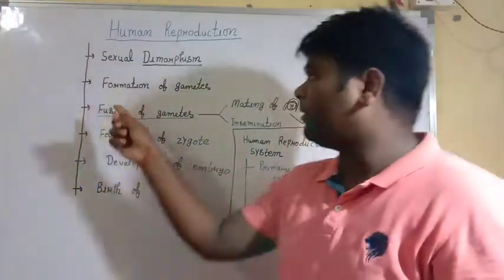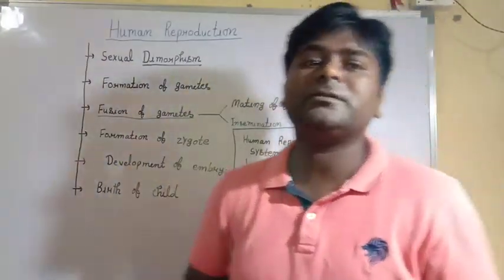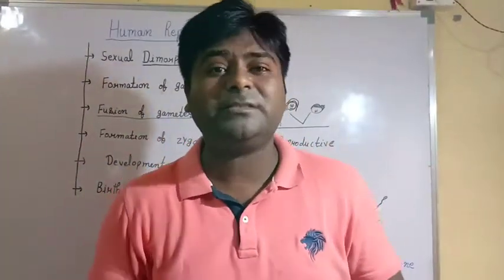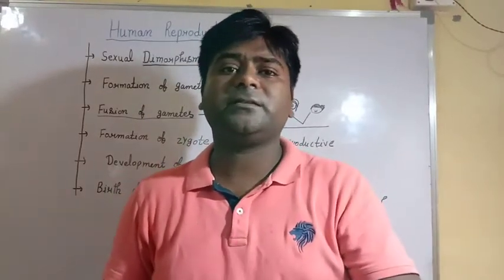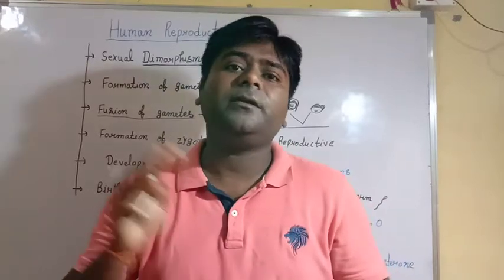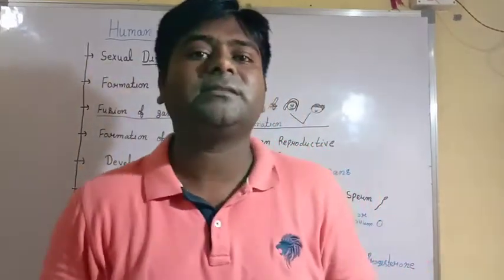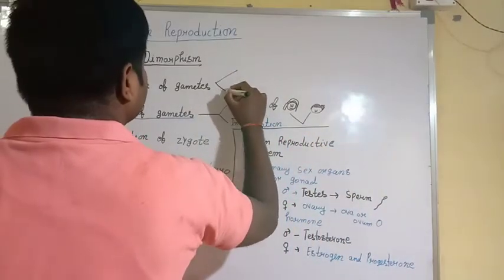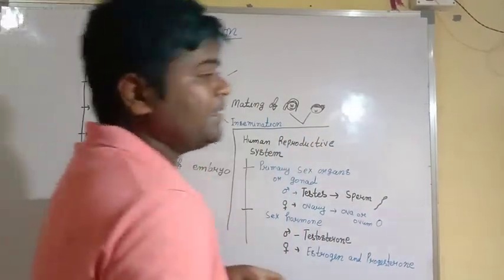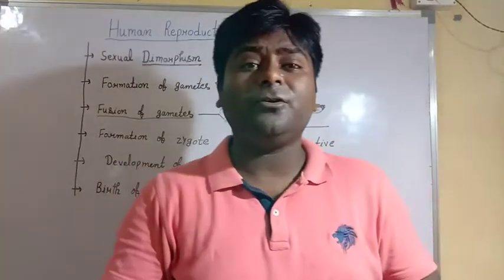The formation of gametes is a process known as gametogenesis. After the detailed discussion of the systems, we will discuss the process of gametogenesis, which means formation of gametes. That is a collective word.